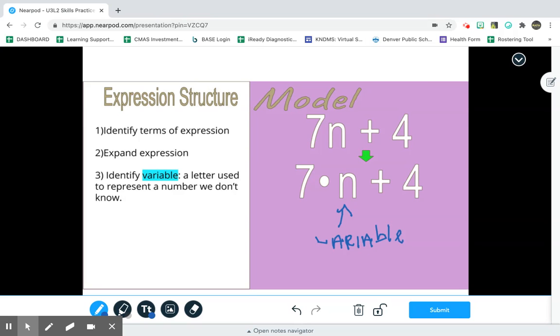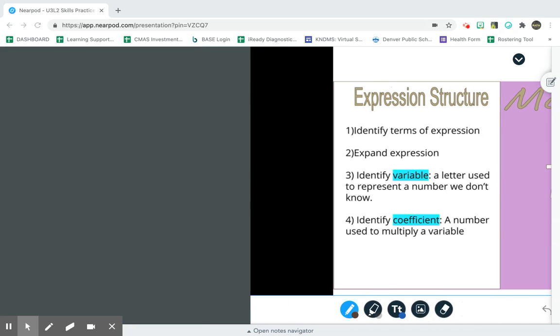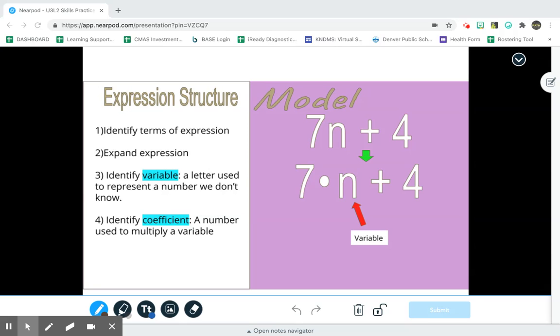Let's identify the other components. Our next thing to identify is the coefficient. I know we gave you a vocabulary term definition yesterday, but I think this one makes a lot more sense. A coefficient is just the number you use to multiply a variable. In other words, a coefficient is the number that you multiply a variable by.